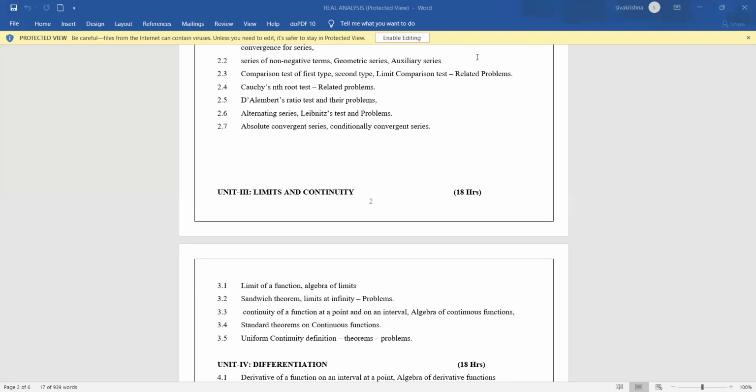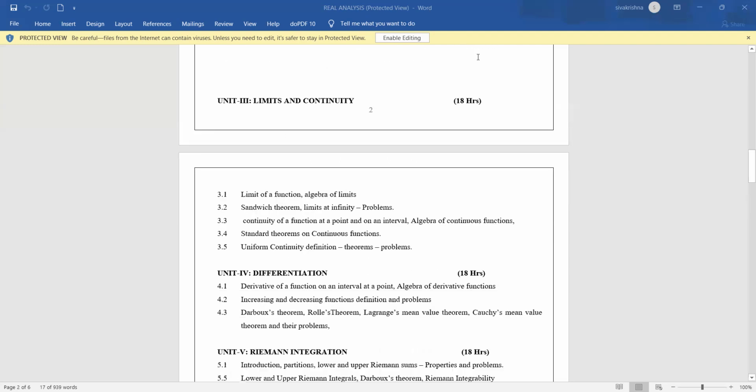We will do a number of problems in the third unit based on limits and continuity, and also some standard theorems on continuity. This is all about unit 3.